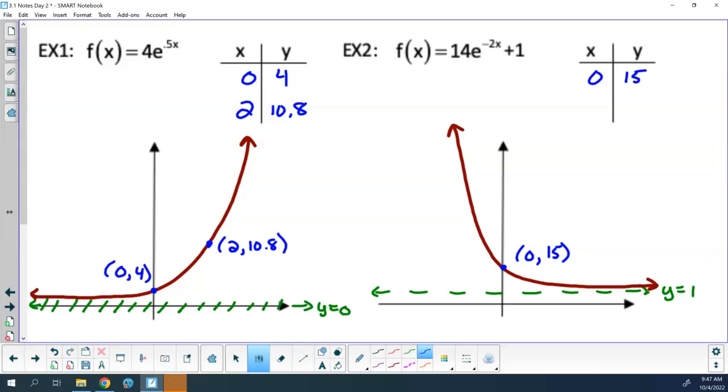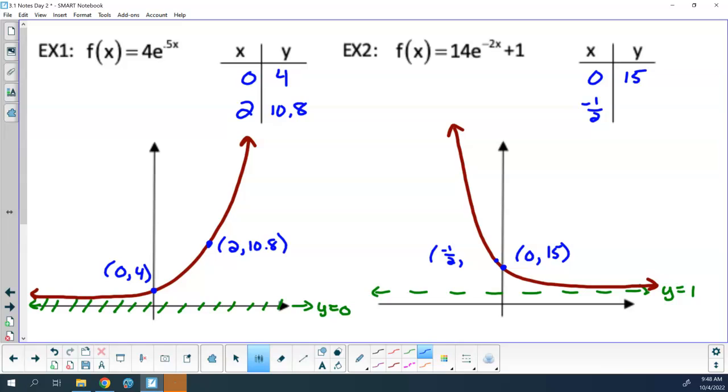Okay? What would another good point to choose be? Negative 1/2, right? Negative 1/2 times negative 2 is 1. e to the first power is e, like 2.7, right?